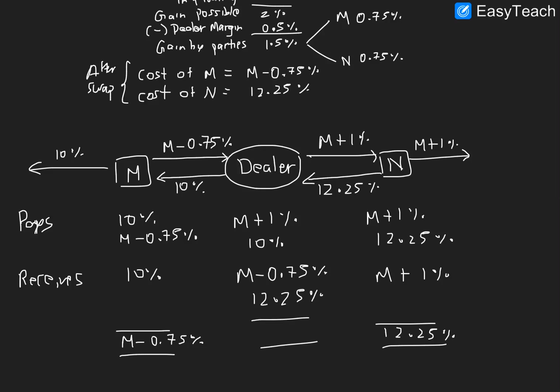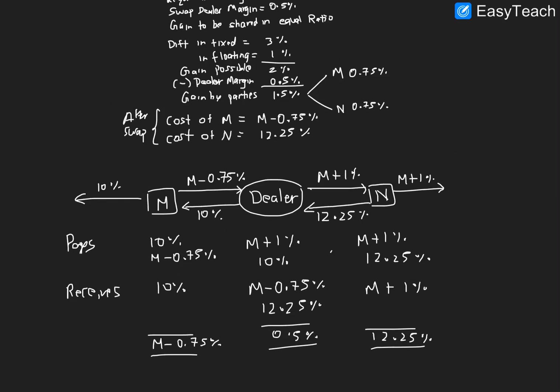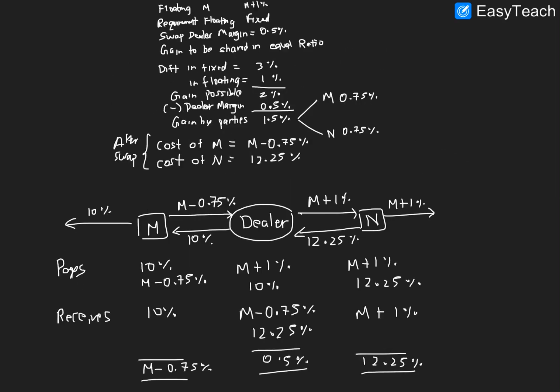If you take a net effect, you will find that the MIBOR receipt gets cancelled out. 1% is paid, 0.75% is received, negative 0.75. So if you take a net effect of all of them, you'll find that there's a gain of 0.5% to the dealer. So that's how a typical swap can also be constructed like this, where only one party has an advantageous position along with the dealer.